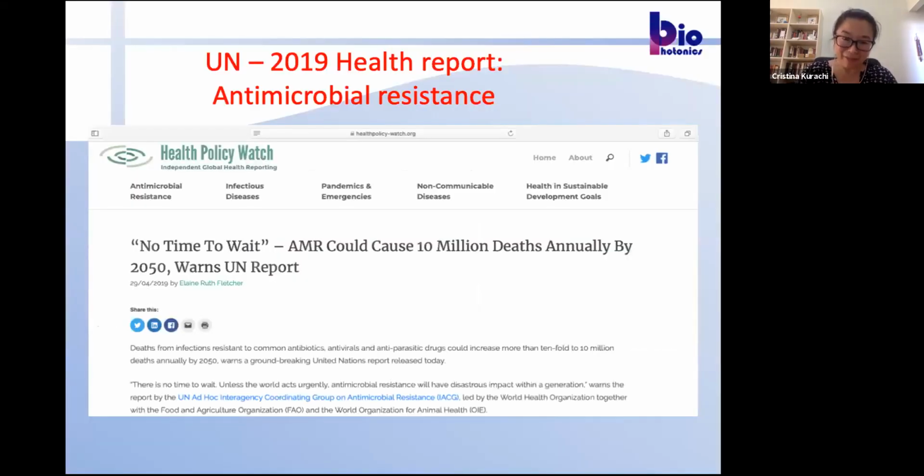But getting back to the talk, one of the main motivations for this kind of application of PDT is antimicrobial resistance, which Lilia, in the first tutorial, has already mentioned. This was one of the reports provided by the United Nations in 2019, just before this COVID-19 pandemic.